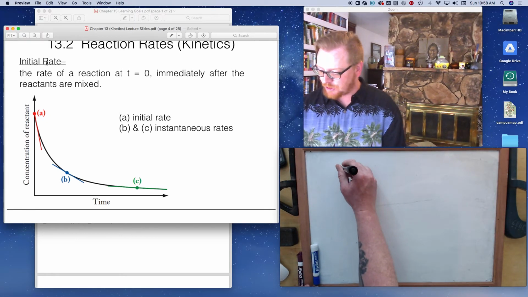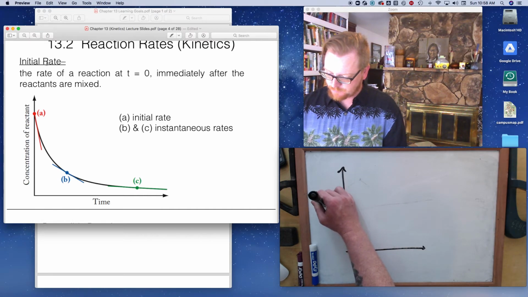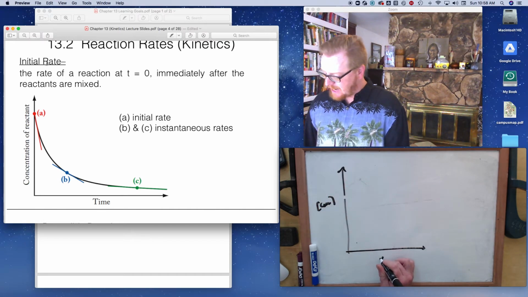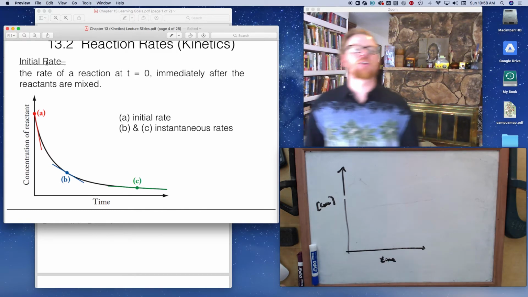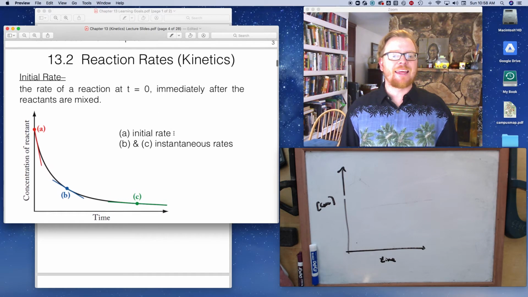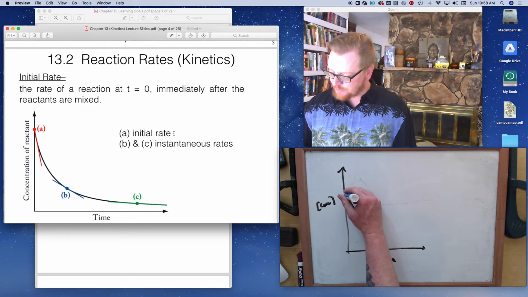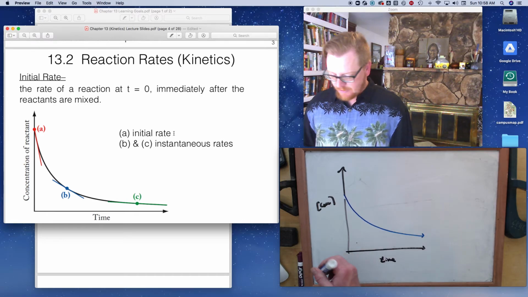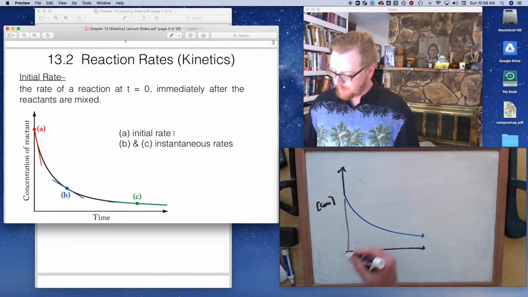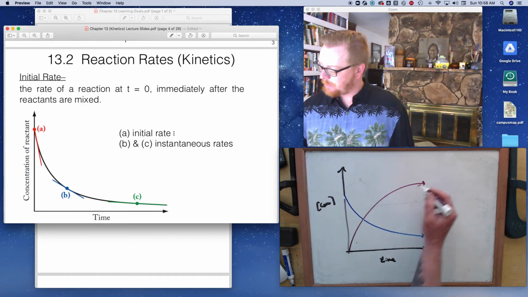So the initial rate, right, this is the 5th thing that I mentioned. The initial rate is still the instantaneous rate. However, it is at the very beginning of the experiment. So my reactants, my products.